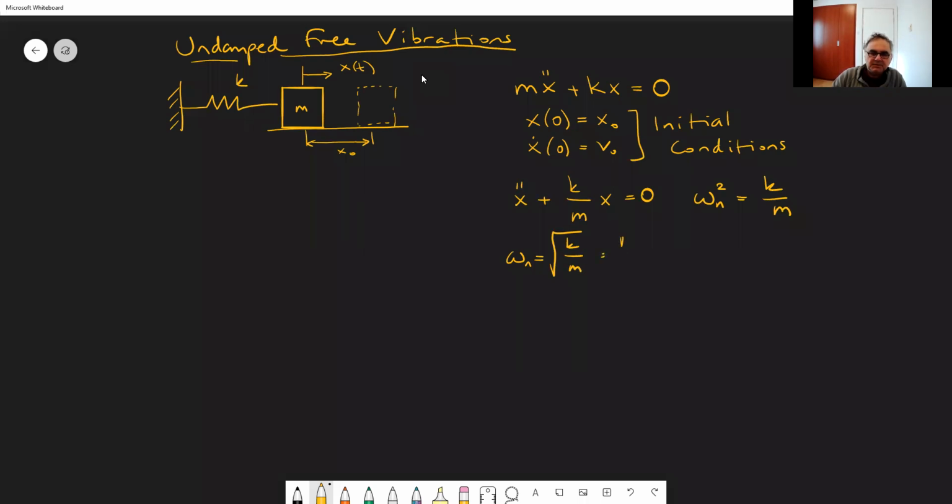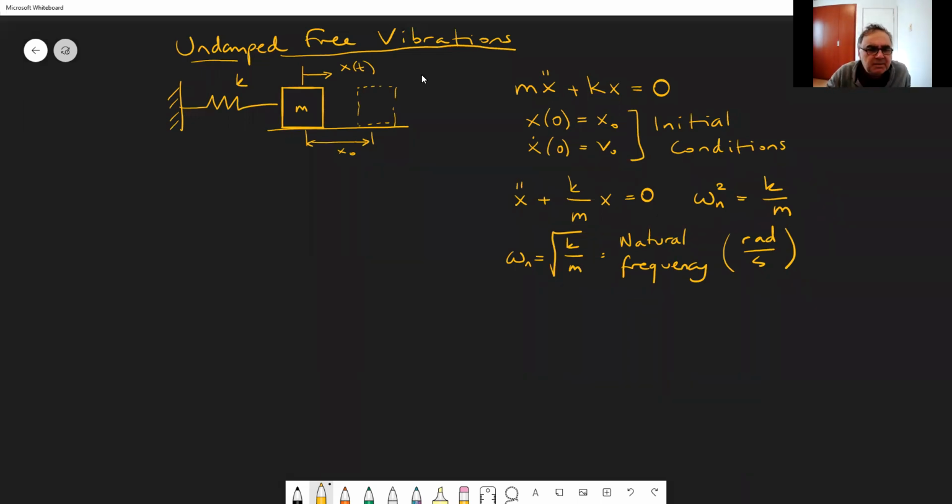It is defined as the natural frequency of a system. It is natural because it is a property of the system, and its unit is radians per second. It depends on the values of k and m, and it is the frequency of free vibrations. That is, if you pull this system and leave it, it will vibrate at its own natural frequency.